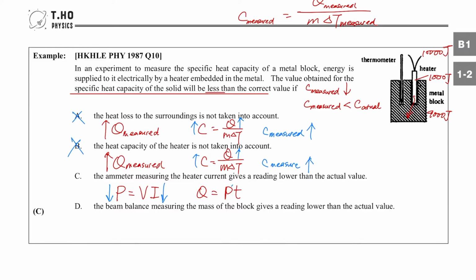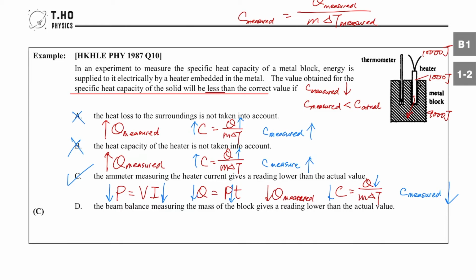When the power is lower, Q is lower. So when measured Q is lower, the consequence will be that we would get a smaller C measured. So this would be the answer.